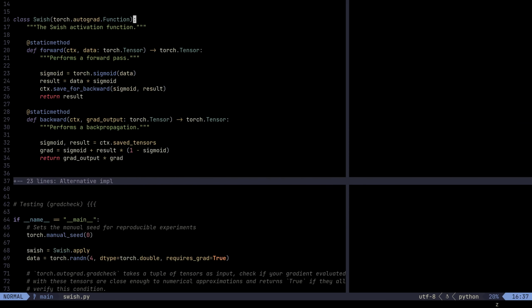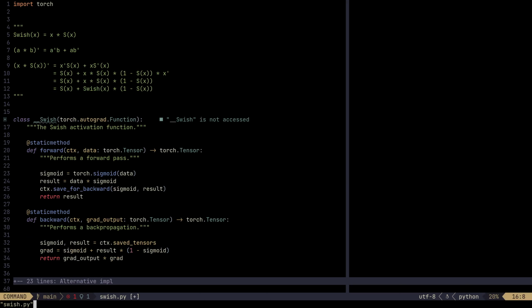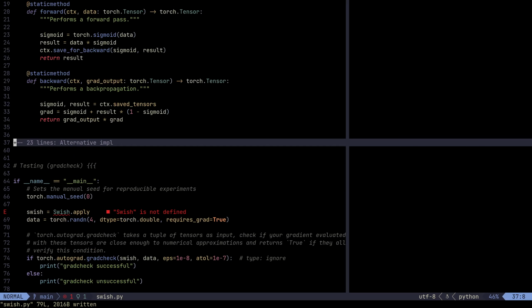Now, I also want to show you the alternative implementation of the swish activation function. Torch, of course, has the built-in swish, just like any other activation function we implemented in this video series. Torch supports them out of the box, but we didn't want to use them, right? The goal is to implement them manually from scratch.